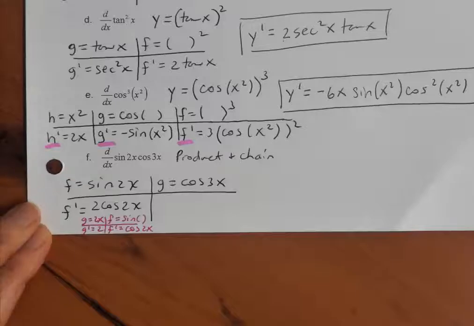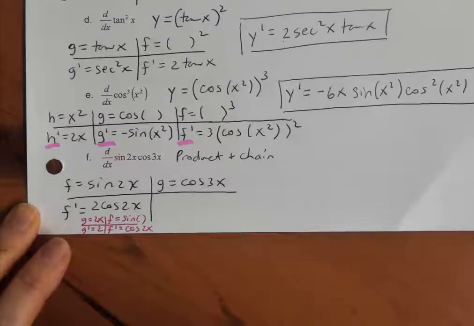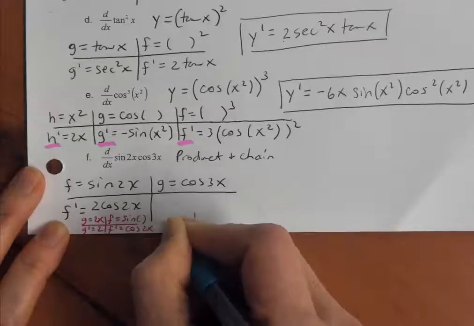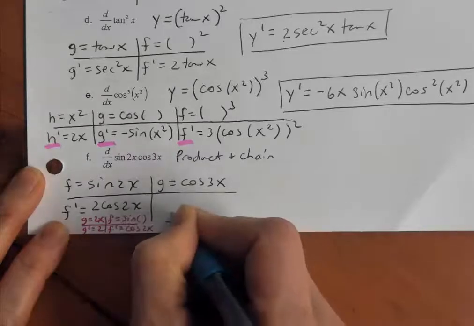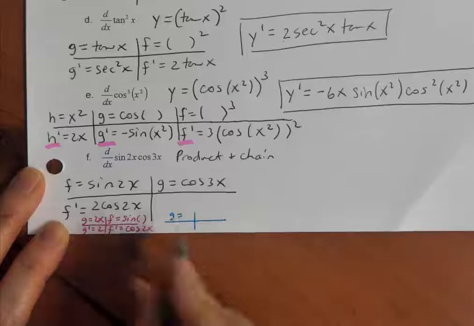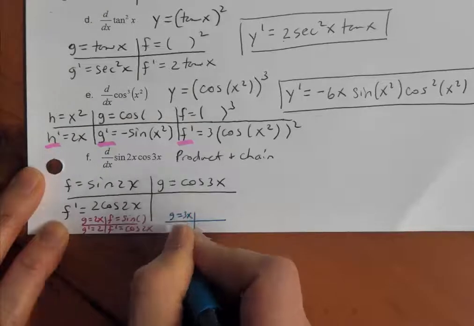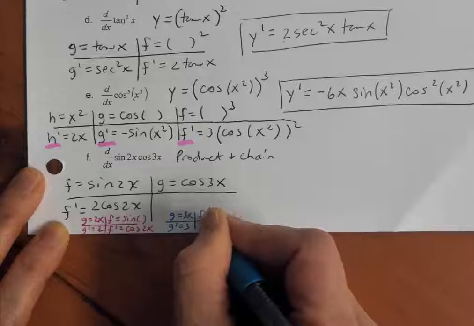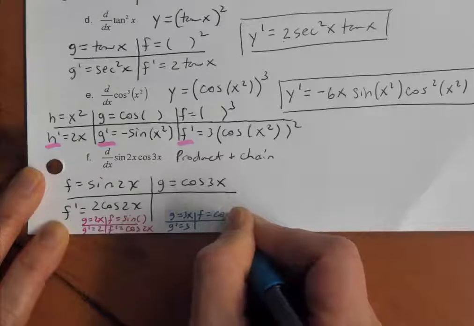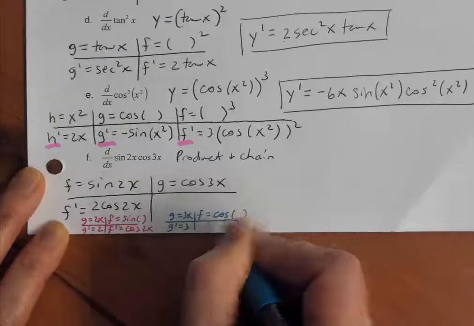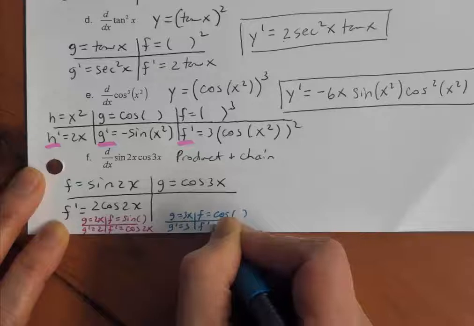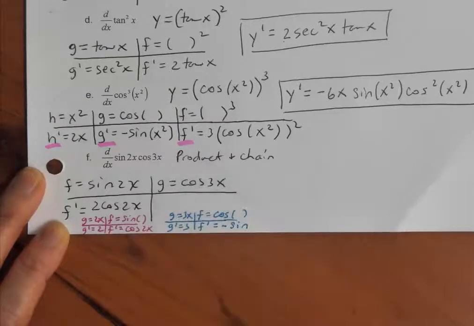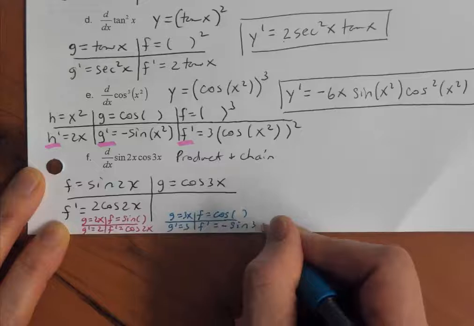All right, so how about for my g? So here I can say my inner, okay, so this g is different from this g. So this will be 3x, and then my derivative would be 3, and then f is going to be cosine of something, and f prime will equal negative sine of 3x.